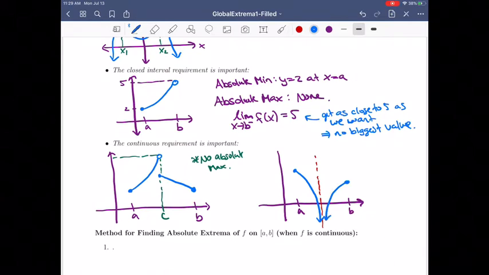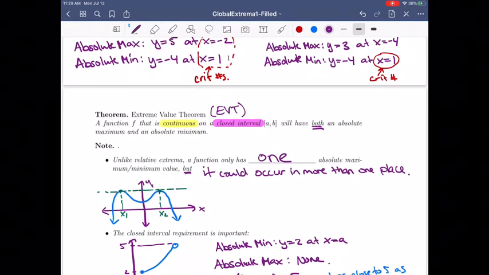You still have a maximum, which is whatever the y value is at x equals a, but there's going to be no absolute min. So these are examples of where it goes wrong. We can't use the extreme value theorem here because we did not meet these two important conditions: the yellow condition that you're continuous, and the pink condition that you have a closed interval.